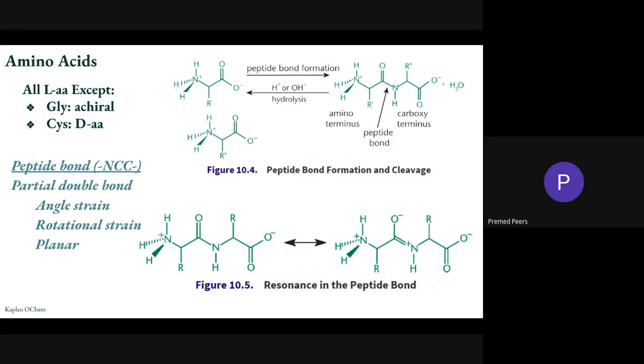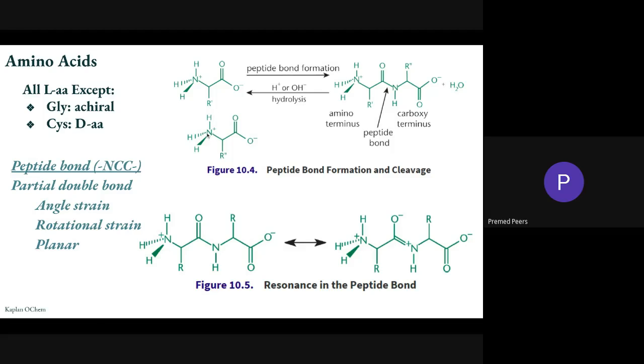And secondly, the second important thing is going to be the peptide bond, which you should remember very, very carefully. The way I remember the peptide bond is NCC. For every amino acid, it's going to have an N group and a C group, a carboxylic group.